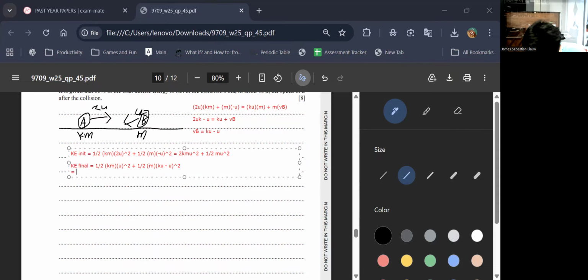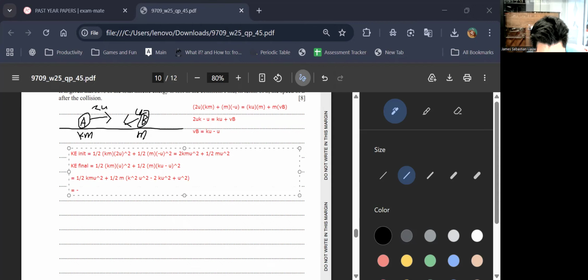And this will be equal to half km times 2u squared plus half m u squared, which is half km 4u squared plus half m u squared.